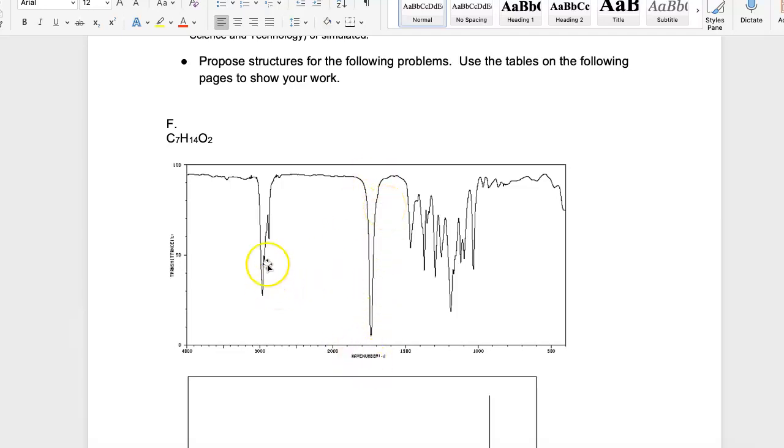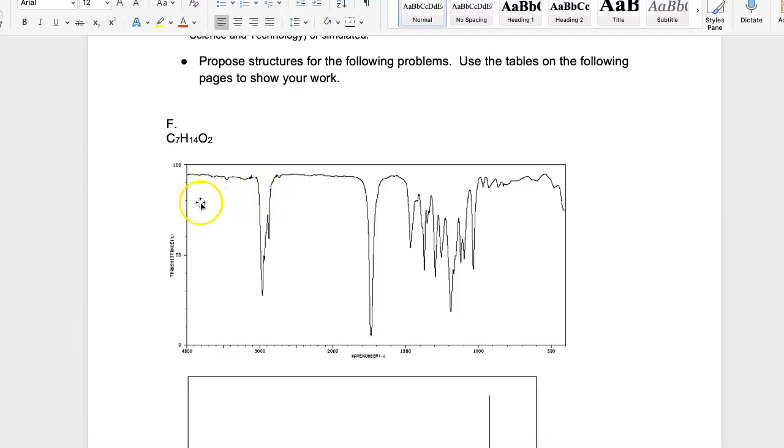Then we have this peak just before 3000, and this is the area where we would find sp3 carbon bound to hydrogen. So we're looking at some kind of an alkane with a carbonyl.